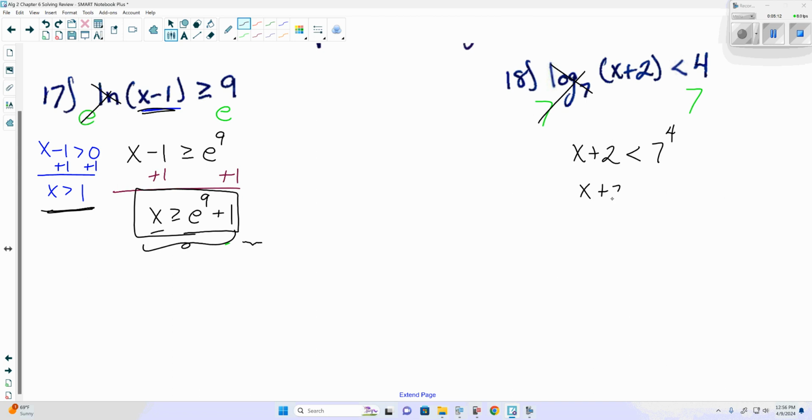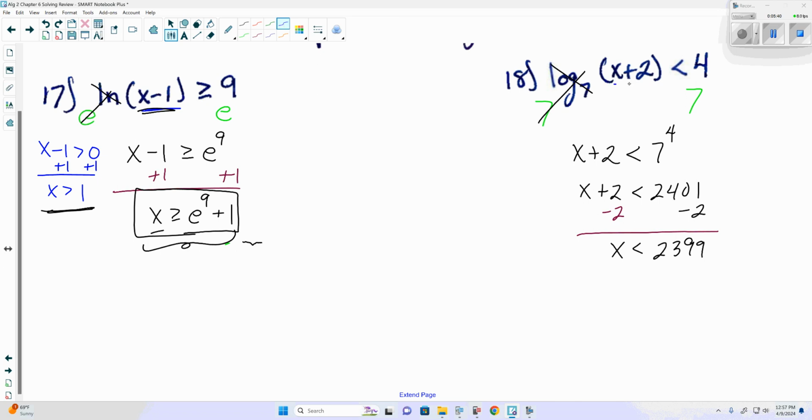So we're saying that x plus 2 is less than 2401. Any questions on how we got to this point? Now we do need to solve for x, so we can subtract 2 from both sides, telling us x is less than 2,399.